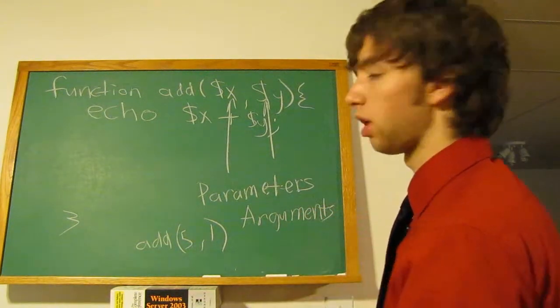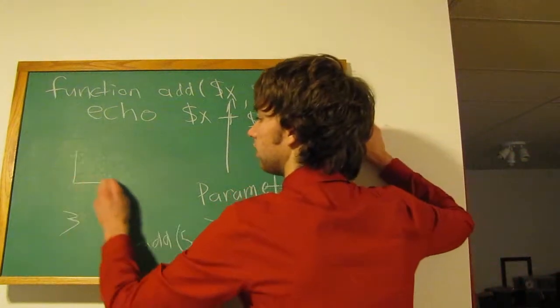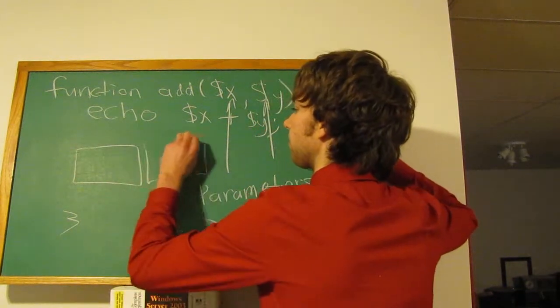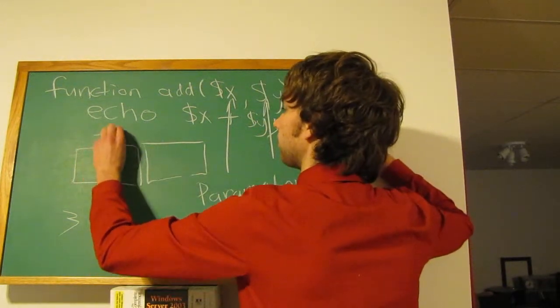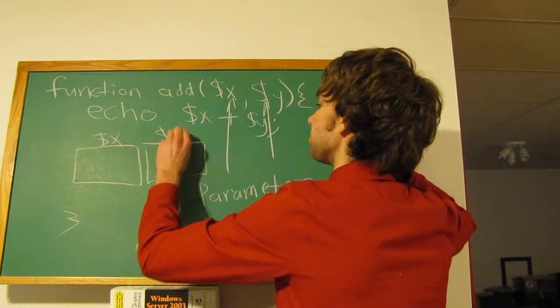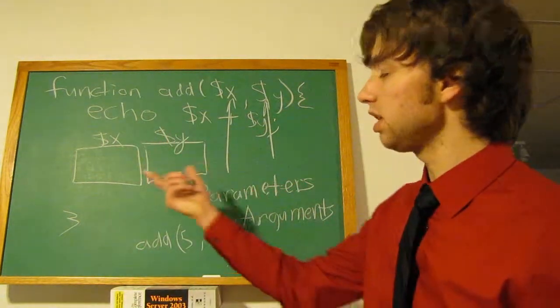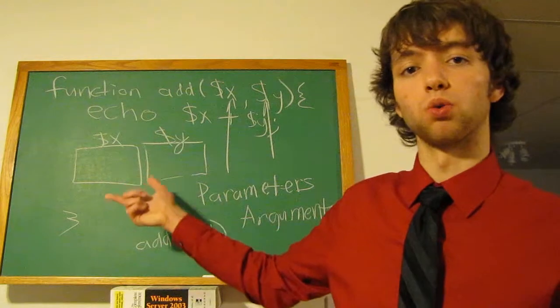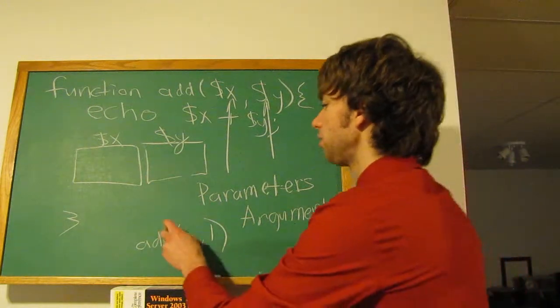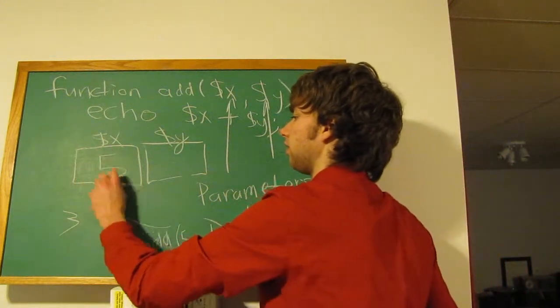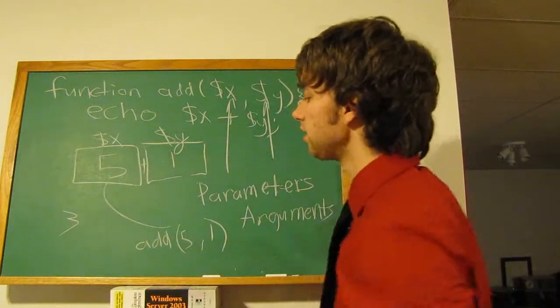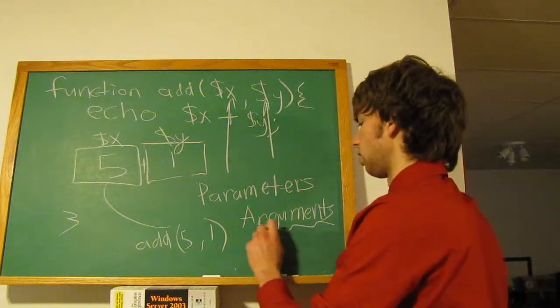Let's draw little boxes to make this very clear. We have two boxes. This one is named variable x, this one is variable y. These boxes are known as parameters. The values within the boxes that we add together are known as the arguments.